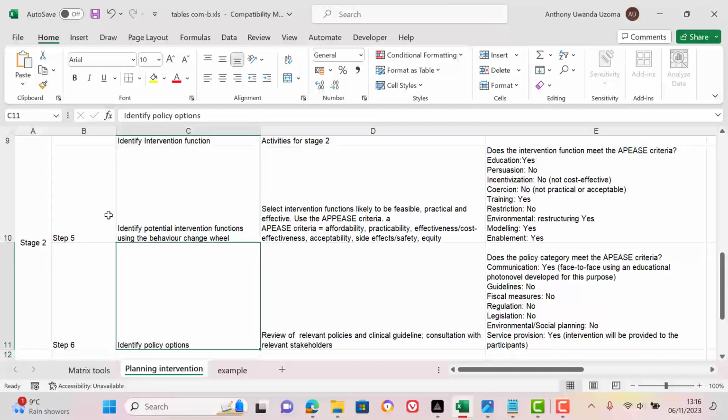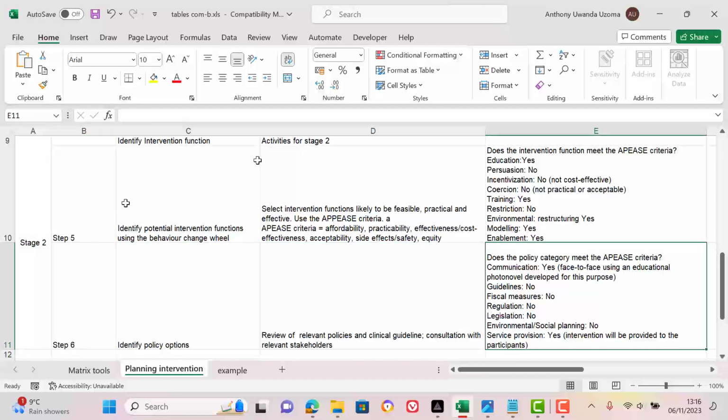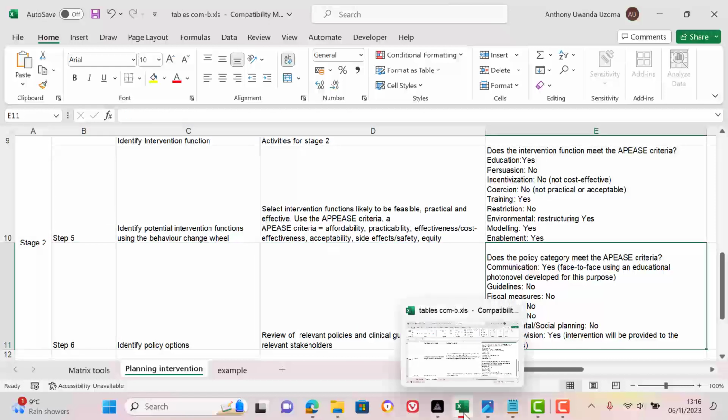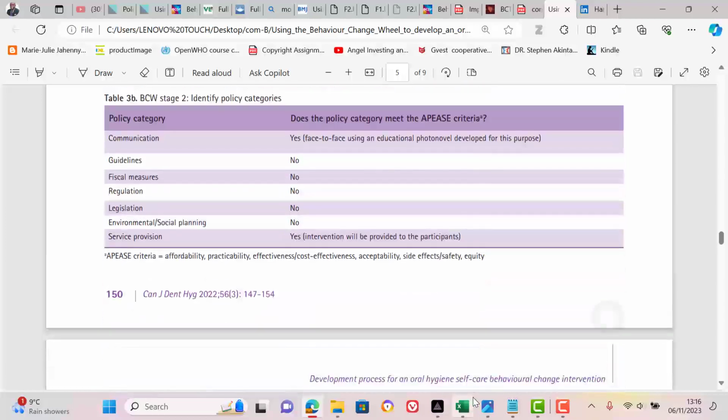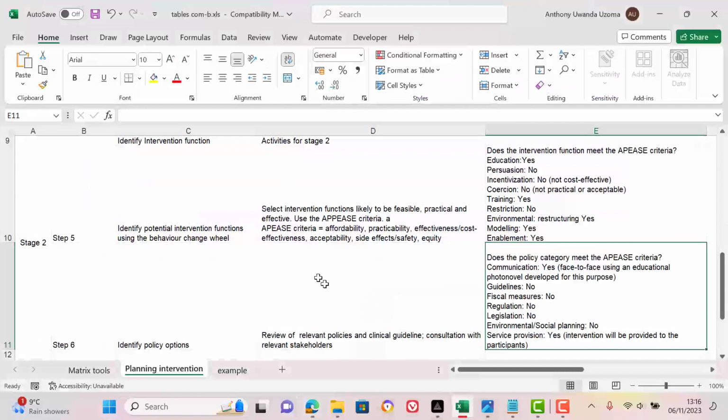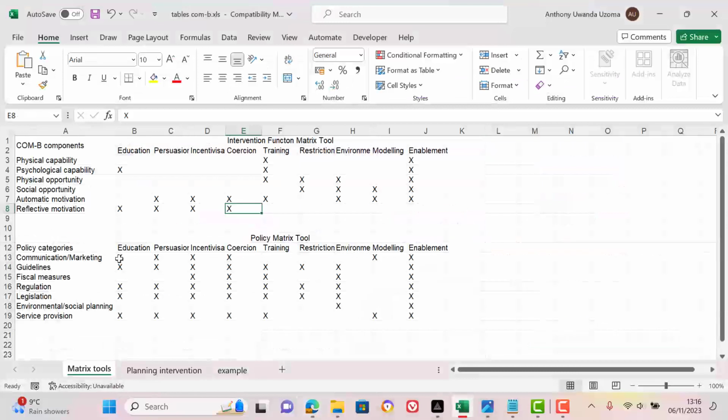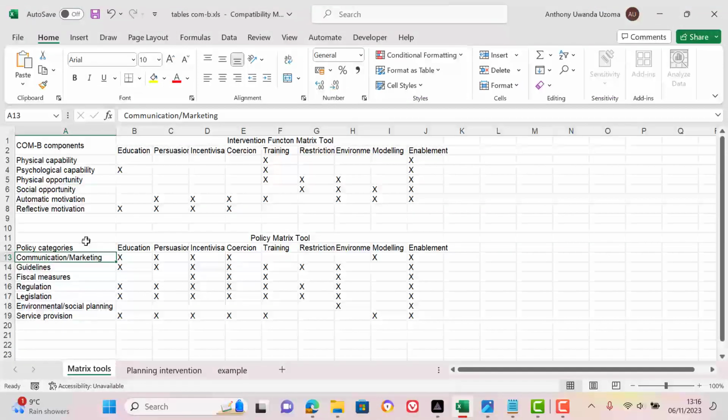Now, step 6 again. What are the policy options? So here you also use the APEASE criteria. Look at them. This is the matrix tool again. So these are the policy categories that can address the problem of attending antenatal checks for malaria screening in pregnancy.